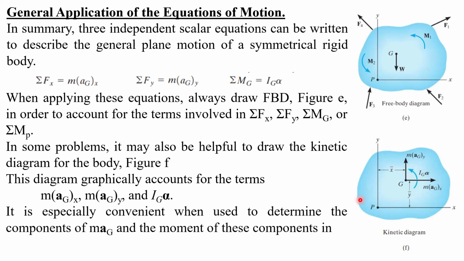It is especially convenient when used to determine the components of m aG and the moment of these components in the summation (MK)P, that is, the sum of the kinetic moments about P.